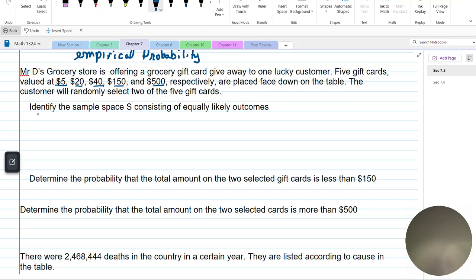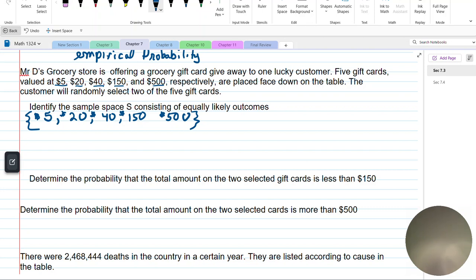So we have a $5, a $20, a $40, a $150, and a $500, respectively, placed face down. The customer will randomly select 2 of the gift cards. Identify the sample space consisting of equally likely outcomes. The set of these gift cards. So that's that. Got the gift cards.